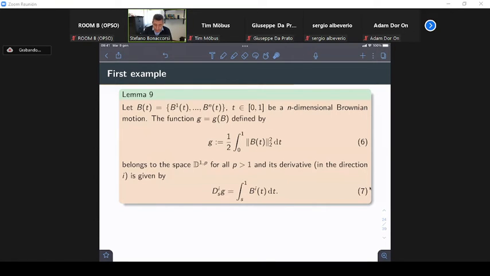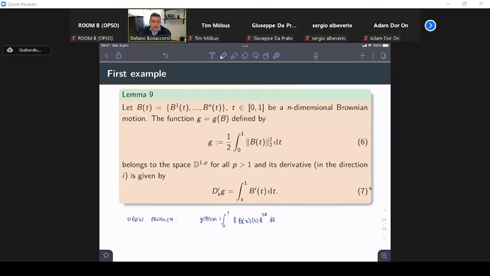There is a very nice open problem here that I propose to you. So, open problem. It seems natural that not only this random variable has a continuous density with respect to the Lebesgue measure, but that the same holds for other powers of B_t. So what happens if you take G of B_x to be equal to the integral from 0 to 1 of, let's say, B_x(t) to the power, I don't know, 2k, dt.